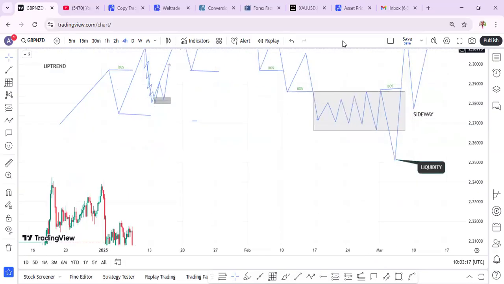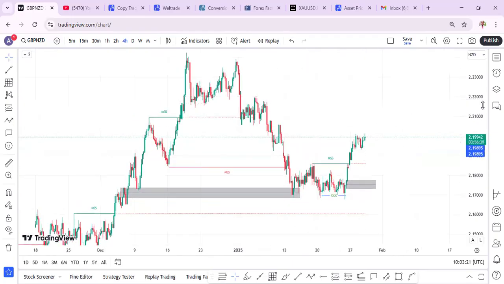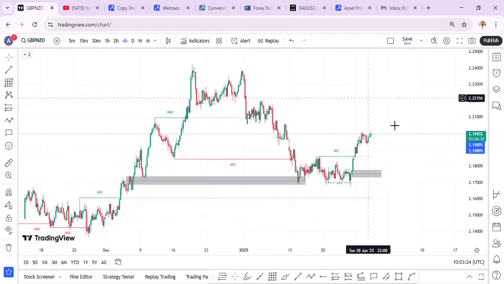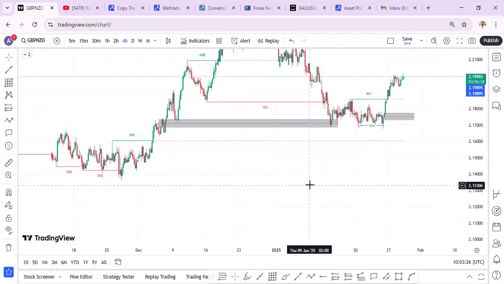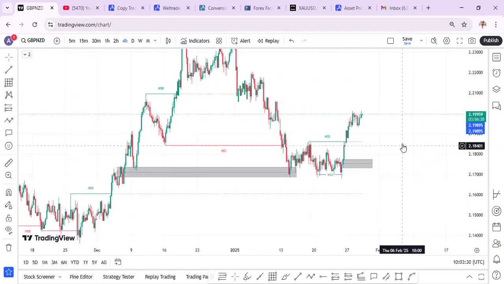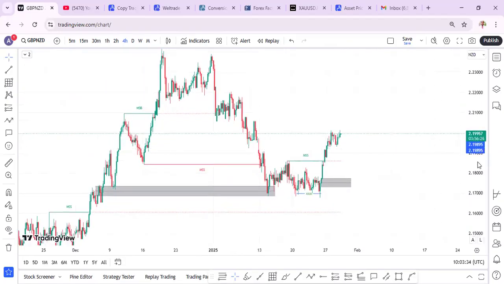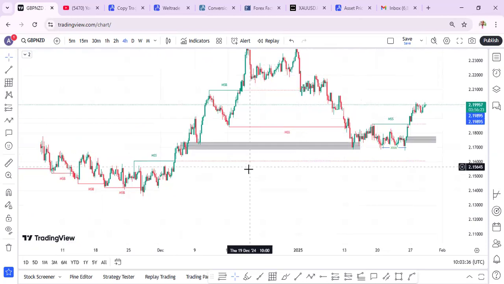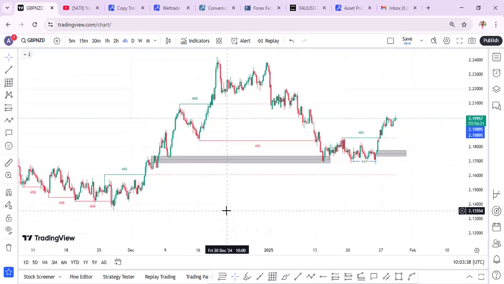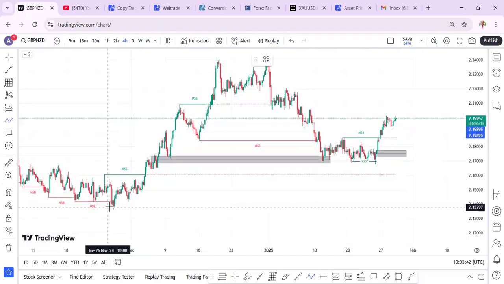So now let me quickly use charts to do an example. Then we'll look at other things that we need to look at. So let's look at this GBP NZD, for example, that I'm looking at here on my charts. Let's start looking at it from here. Let's start from this low.